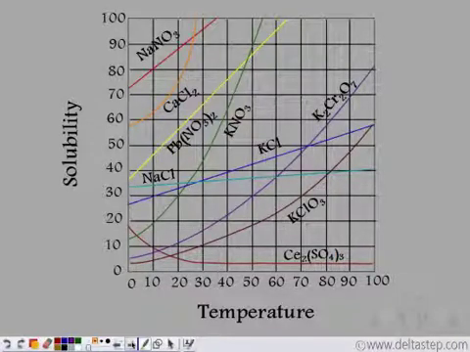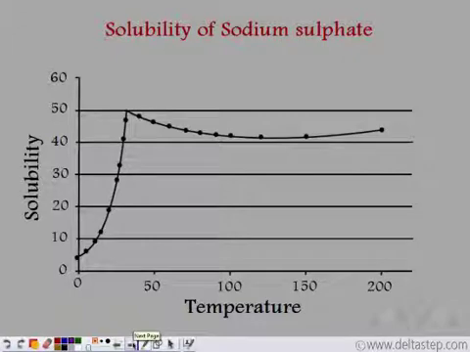This is because as we increase the temperature, there is greater intermolecular space between the solvent particles, so a greater number of solute particles can now be dissolved. But there are exceptions. Cerium sulfate shows lesser solubility with increase in temperature. Another exceptional case is sodium sulfate.